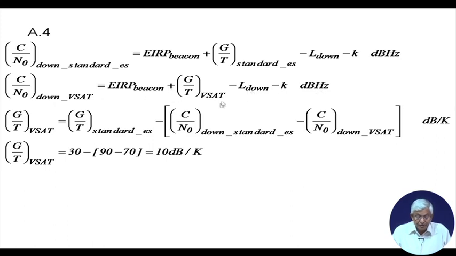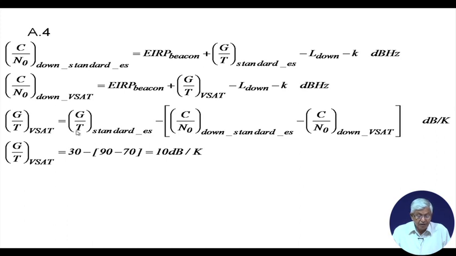So, if you want to find the G by T of the VSAT, you change the side. Actually, what you can do is subtract these two expressions, and you get G by T of VSAT is G by T of the standard earth station minus the difference of C by N naught measured by the standard earth station and the VSAT. That is delta C by N, let us call it.